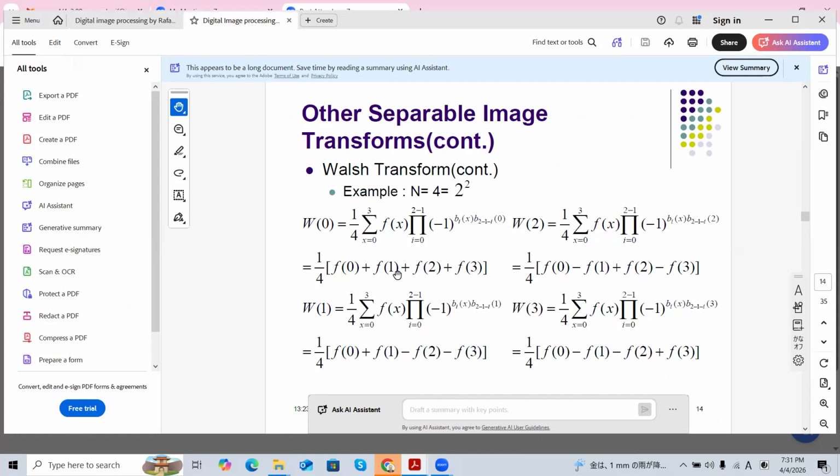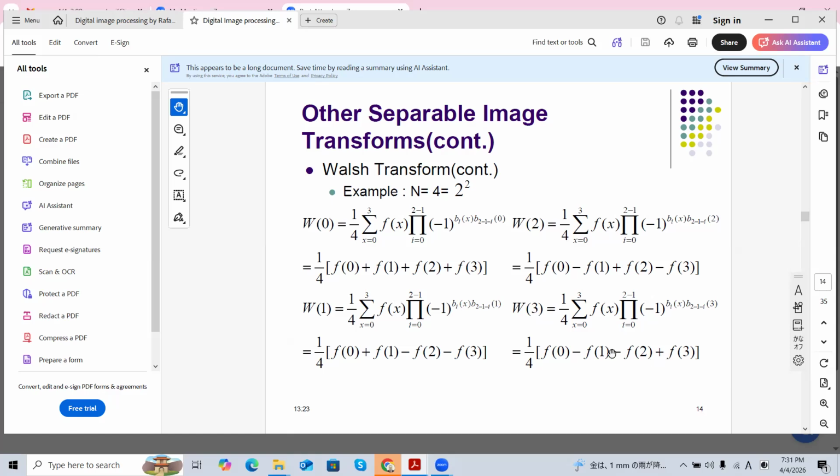For W0, we calculate the whole summation, and for W1 it is one add and two minus, because we calculate this power of -1. Then W2 is plus, minus, plus, minus, and W3 is plus, minus, minus, plus.